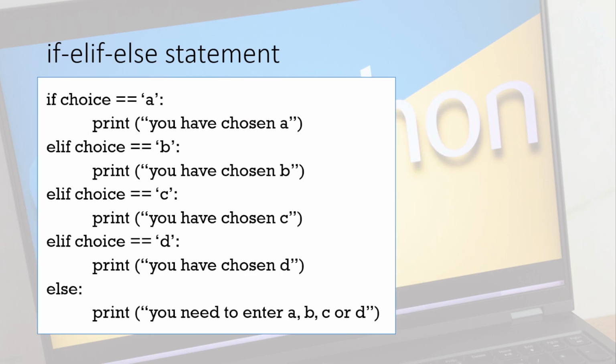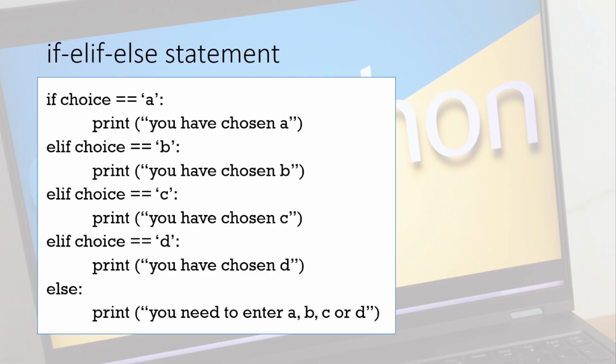So here we're looking to see if the choice, perhaps from the user entering A, B, C or D, we can say, is it A? If it's not A, is it B? If it's not A or B, is it C? And if it's not A, B or C, is it D? What happens if they've entered something incorrect, like E?